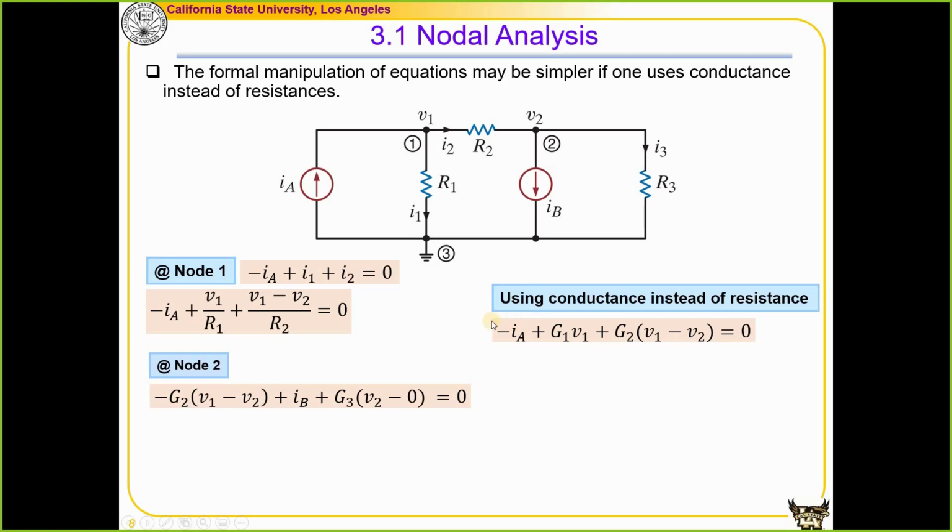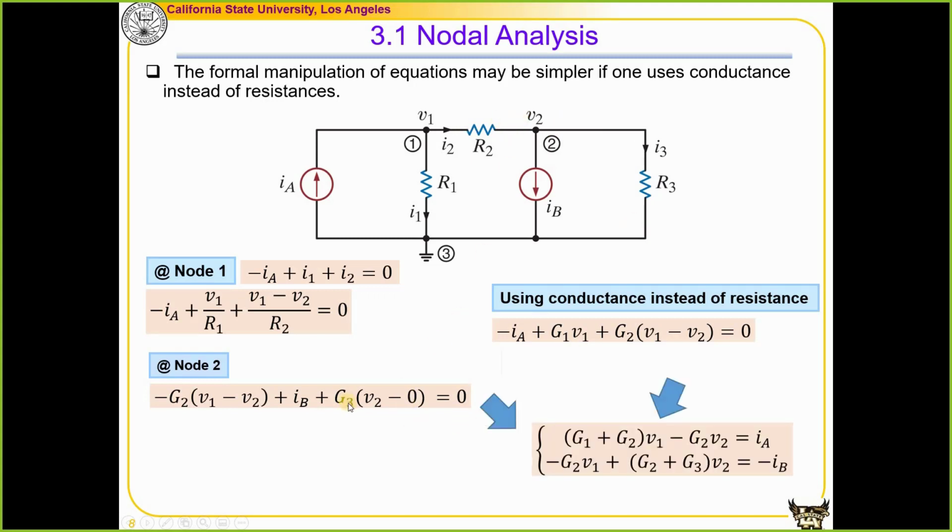And we can do the same thing for the second node, which will give us G2 times V2 minus V1 plus IB plus G3 times V2 that is equal to 0. So if we combine the two together, the two equations have this form.